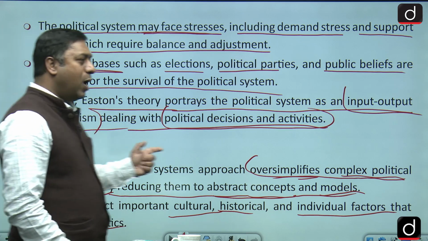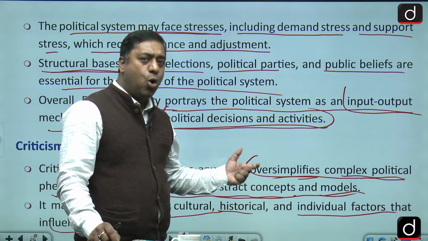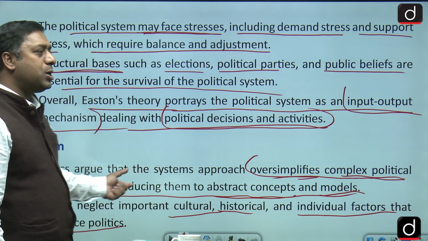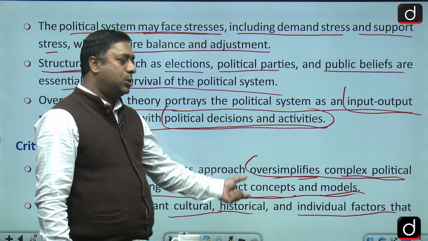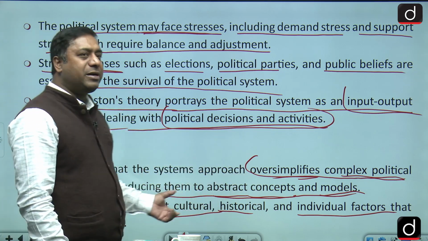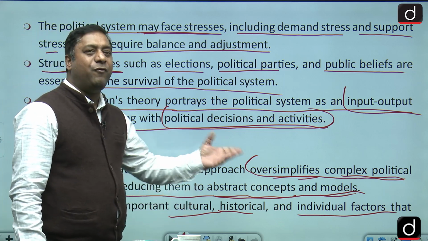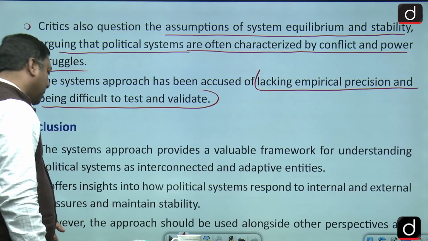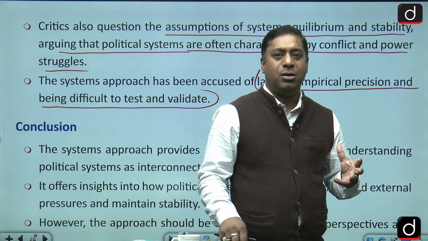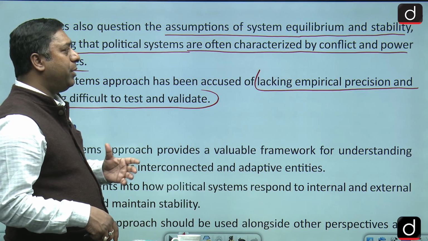Once again, first one, the critics say that his approach oversimplified complex political phenomena just by reducing them to abstract concepts and models. Second, they say that he has neglected cultural, historical as well as individual factors that influence politics. Then they have also criticized the assumptions of system equilibrium and stability.